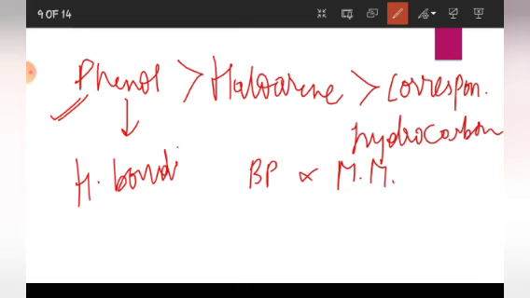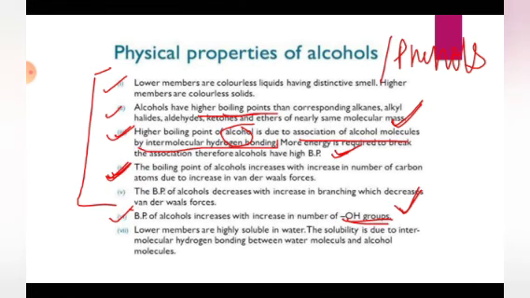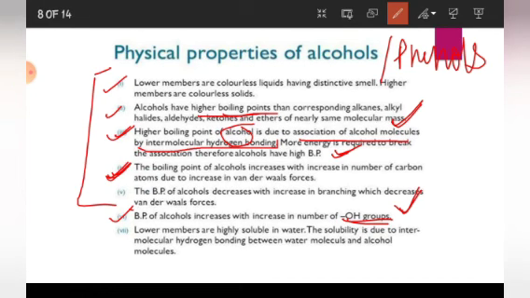Now students, let us see our next physical property, which is solubility. Now see what is written. Lower members are highly soluble in water. Now why?